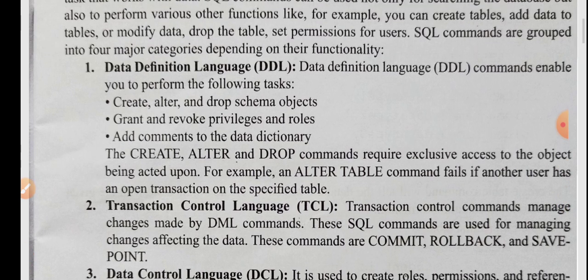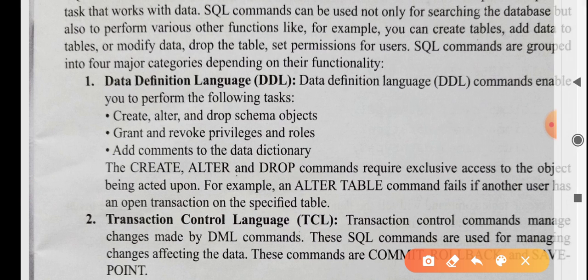The first statement that I am going to discuss is the DDL statement, or Data Definition Language statement. The term definition is related to creating any particular object. In the starting, when we are creating a database or a table, we need to define the basic structure or the schema of the object.